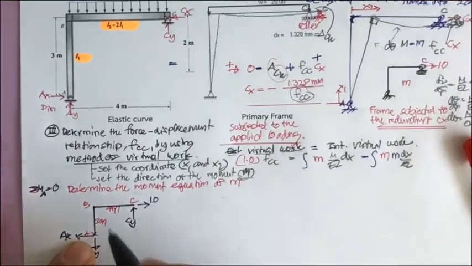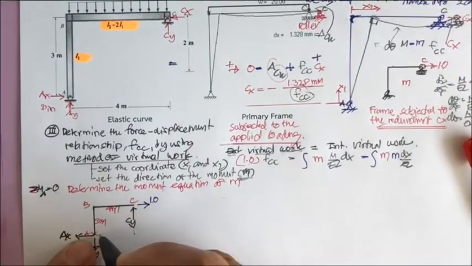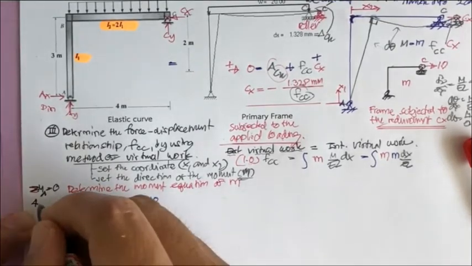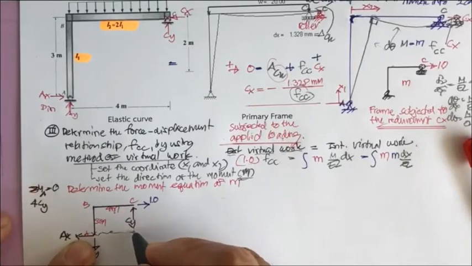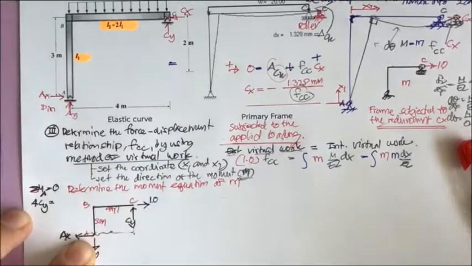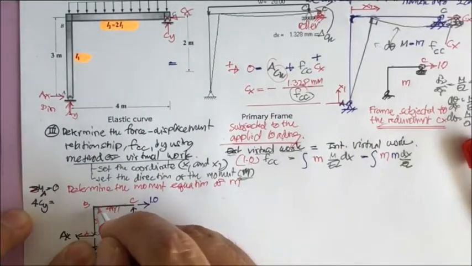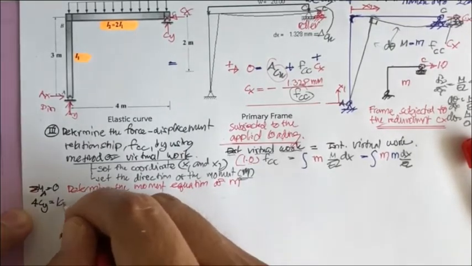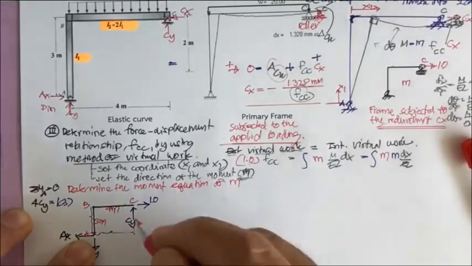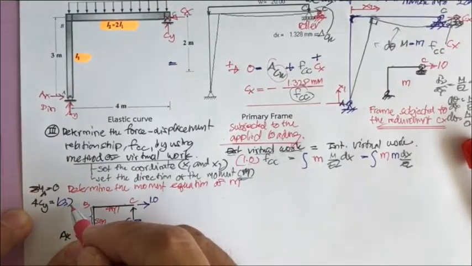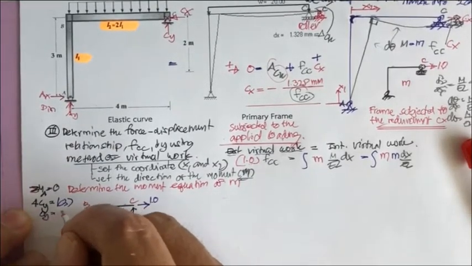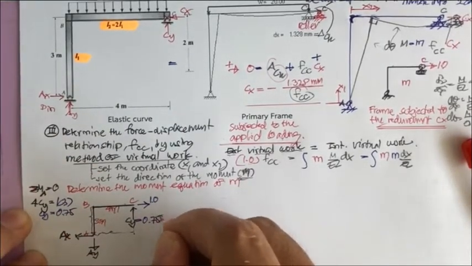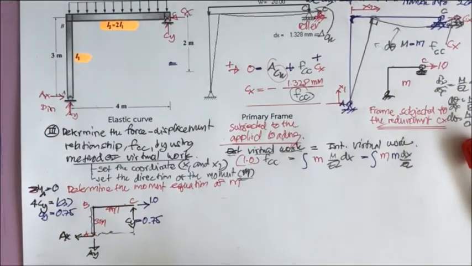If you do this, C sub y times 4 is going to equal 1 times the moment arm, which is 3. So your C sub y is going to be 3 over 4, which is 0.75.